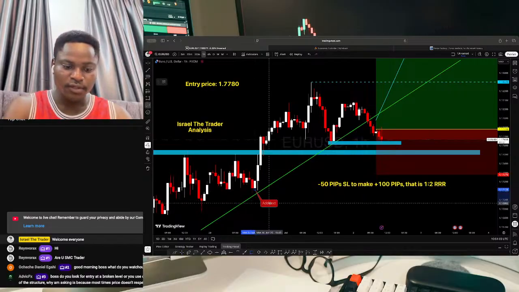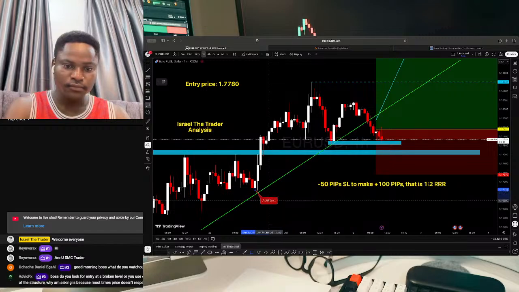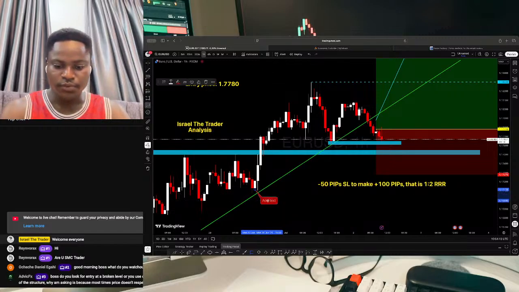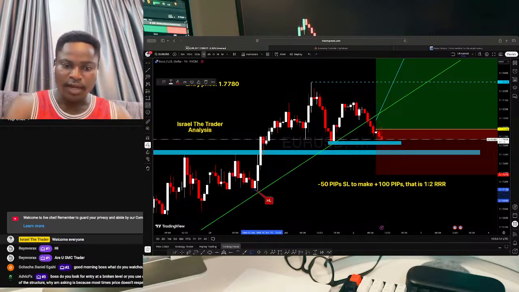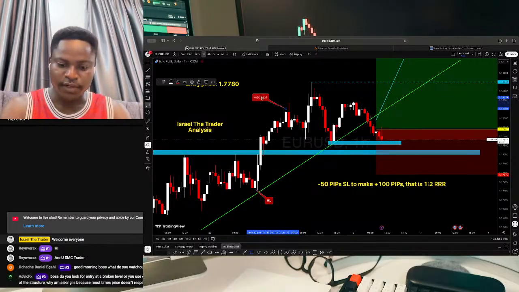So here, what we refer to as a high low. Nah, what am I doing? So this is what we refer to as a higher low, right? Then here is what we refer to as a higher high.